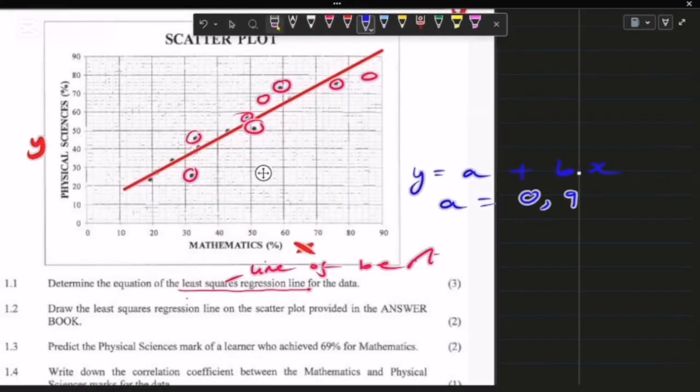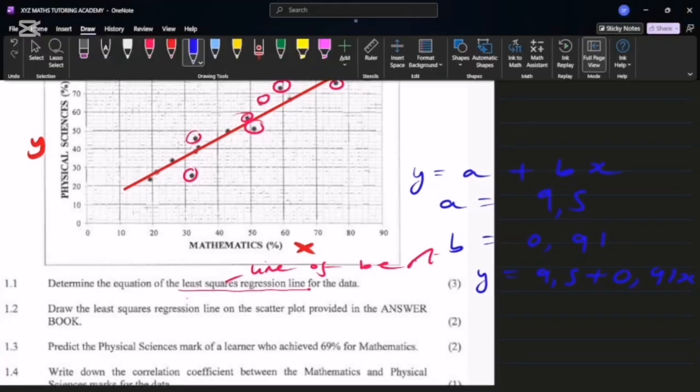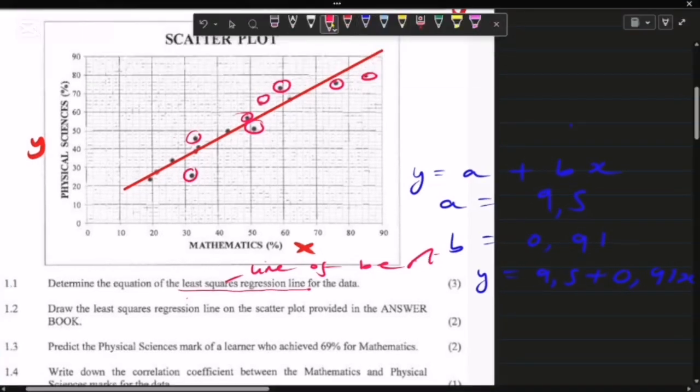I don't know where I'm getting 0.9 from. So this is 9.5, and then the value of b is 0.91. Therefore, the equation of the line of best fit is y is equal to 9.5 plus 0.91x. So this is the answer for this question.